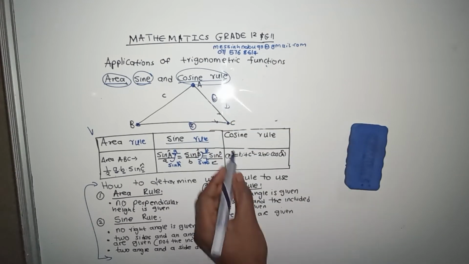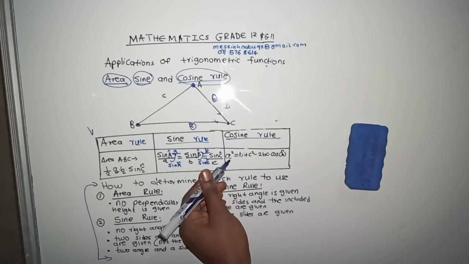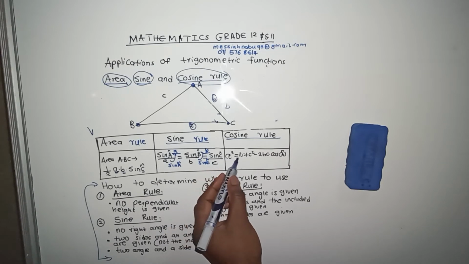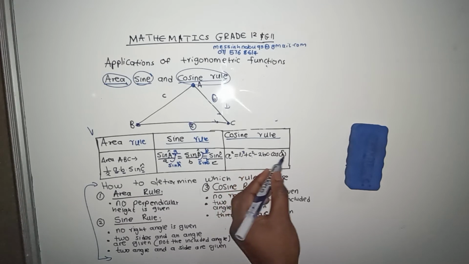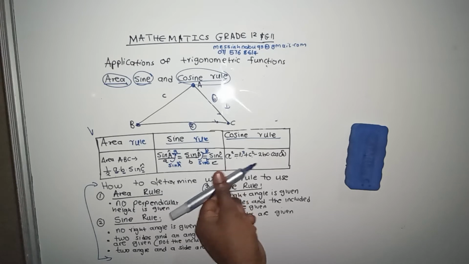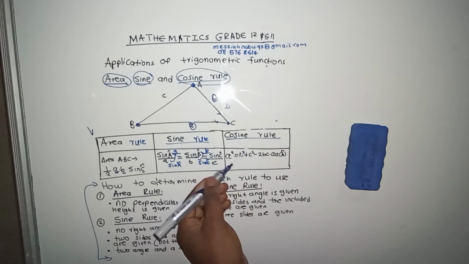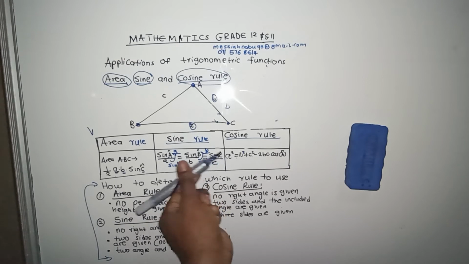Then we come to the last one, which is the cosine rule. We have our formula: a squared equals b squared plus c squared minus 2bc dot cos of A. Same applies here: you might be looking for an angle, or you might be looking for a side, depending on the question.